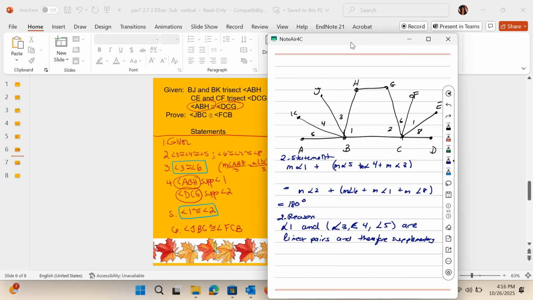And the same for angle 2 and all the rest. Same thing. So the next step is you can conclude that angle 1 is equal to angle 2.